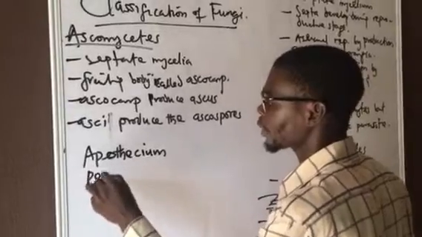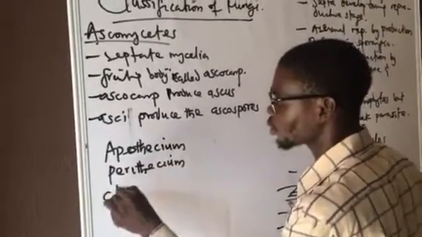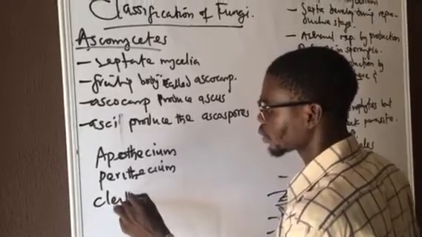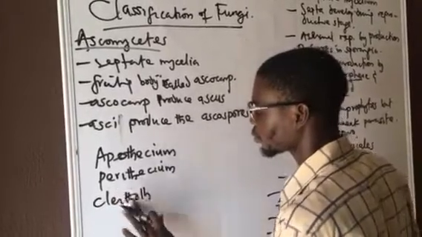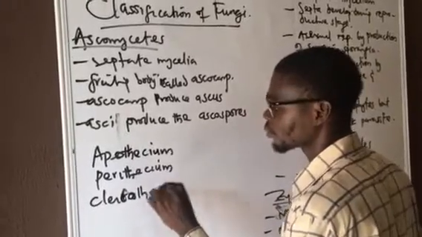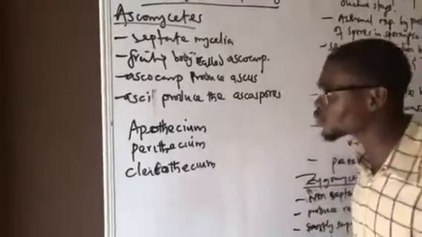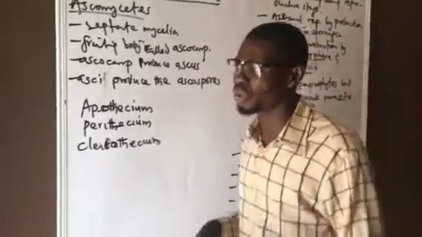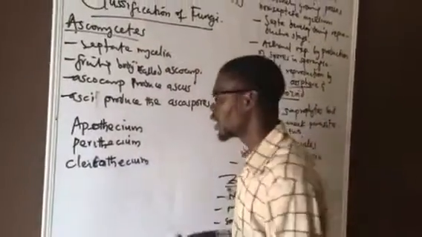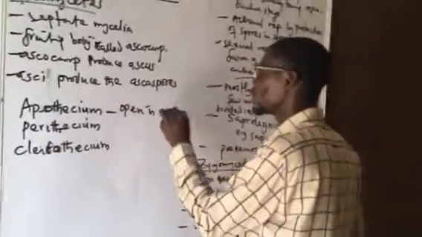The ascocarp, which is the fruiting body, can appear in different shapes, depending on the species. There are 3 types: it can be apothecium, it can be perithecium, and it can be cleistothecium.